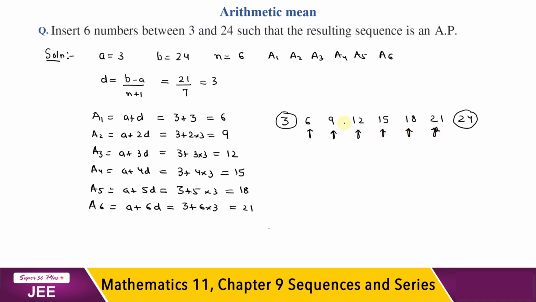So you can see that all these terms make the sequence an AP, with the first term as 3, last term as 24, and common difference as 3 units. Alright, I hope everybody has understood this particular question, and everybody must now be comfortable in finding the n arithmetic means between two numbers.